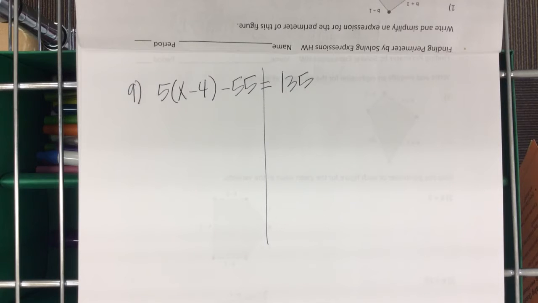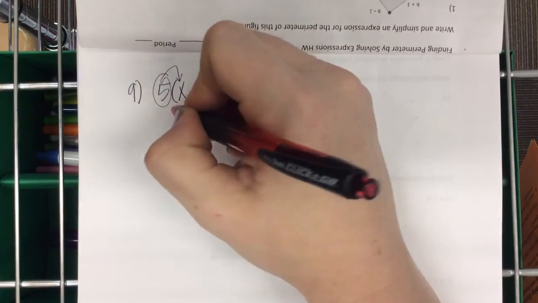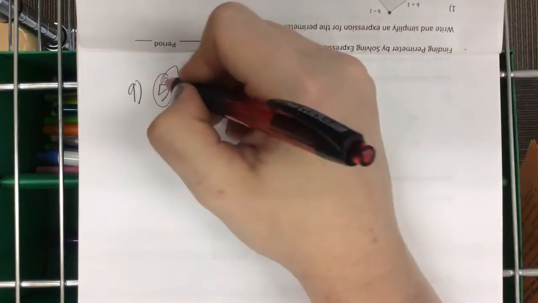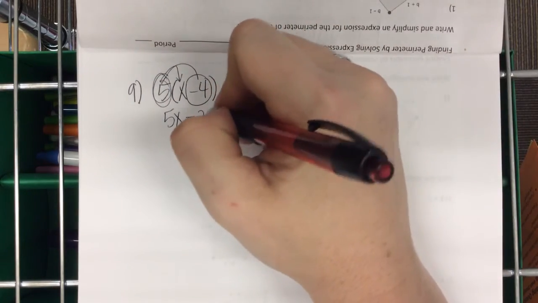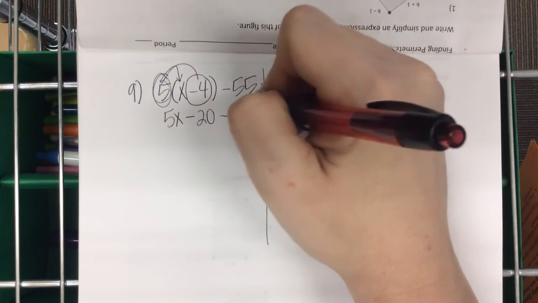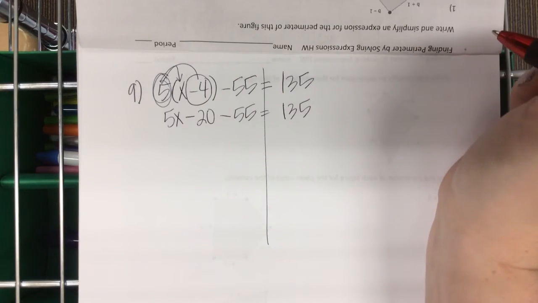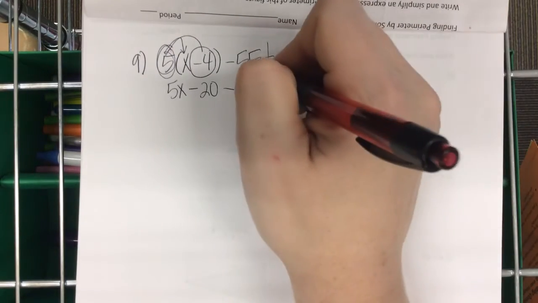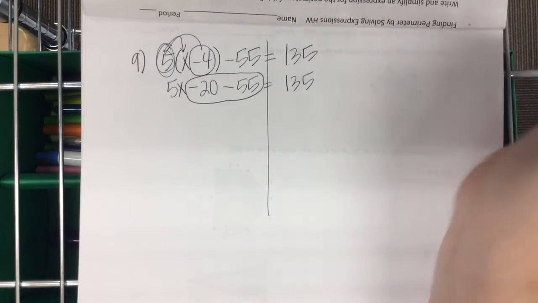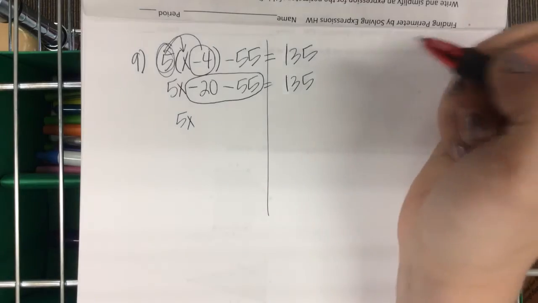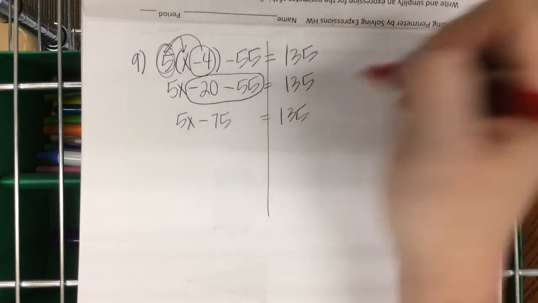All right, distribute. 5 times x is 5x. 5 times negative 4 is negative 20, minus 55 equals 135. Am I done? No. Now I put these together because they're like terms, correct? 5x minus 75 equals 135.